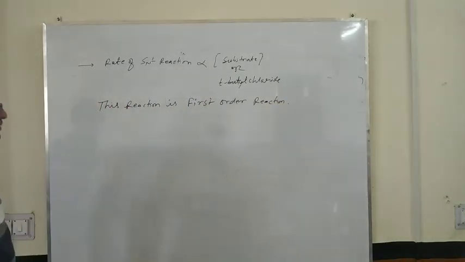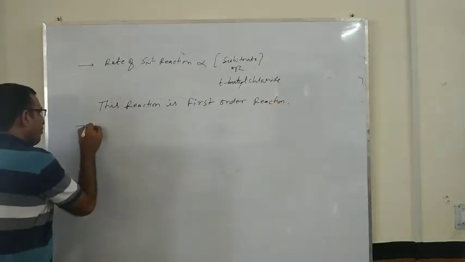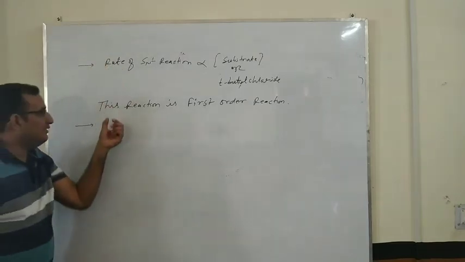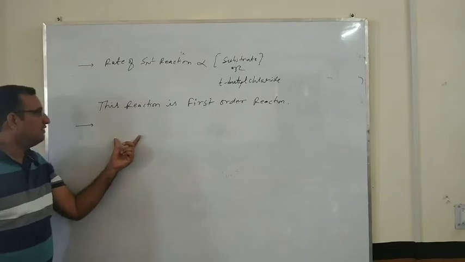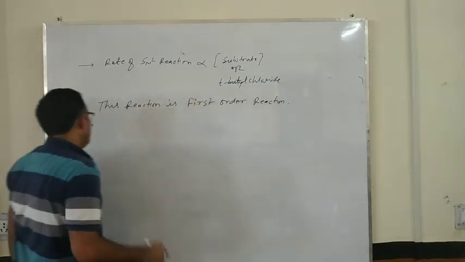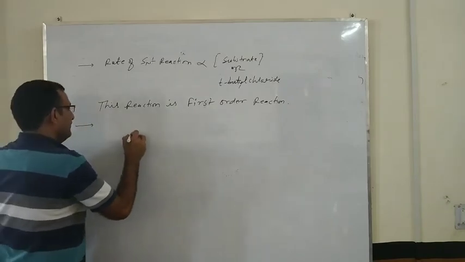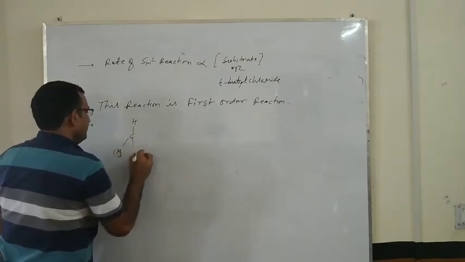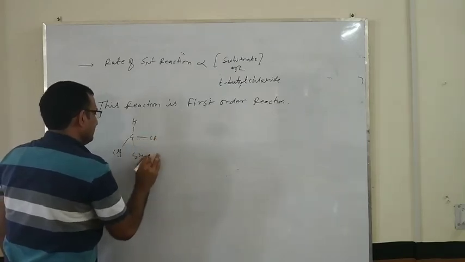Okay. Next characteristic is very important. Very important. In the SN1 reaction, if the substrate is chiral, then the product is a racemic mixture. We explain by an example. We take a chiral substrate CH3C2H5Cl.